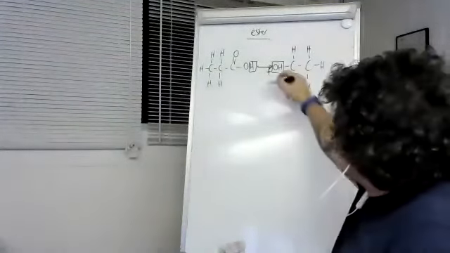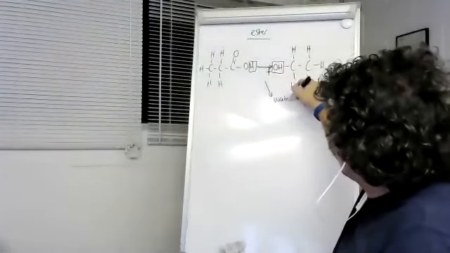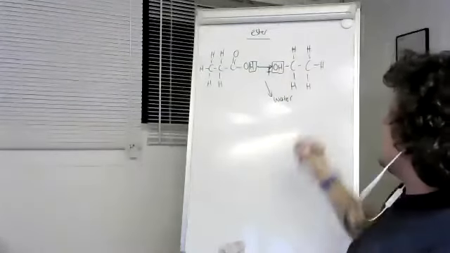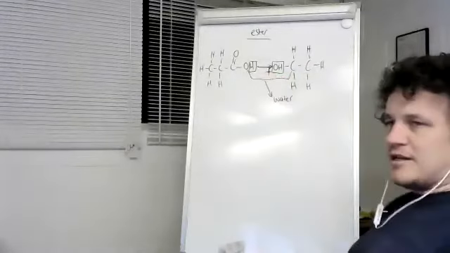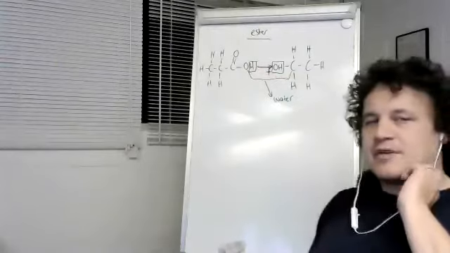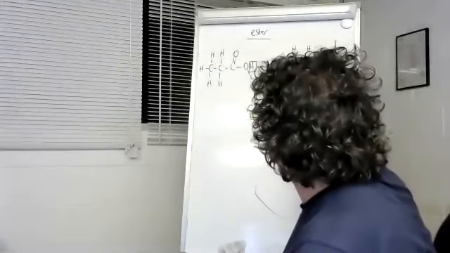That will make water. But what it will also do is produce a bond between the oxygen and the carbon. And this is a reaction you need to get used to, understanding, and it's a condensation.